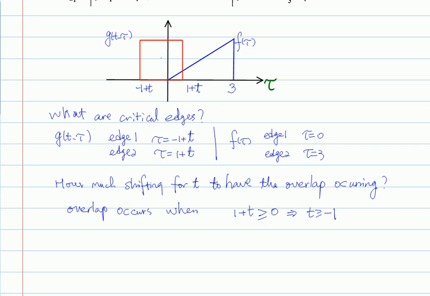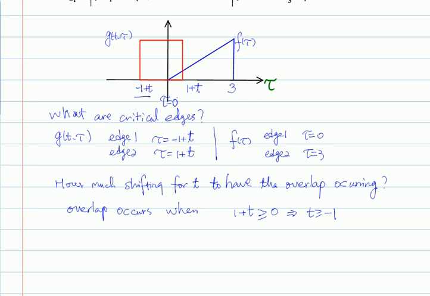Now, if I draw my box here, it means the edge -1 plus t is on the left side of tau equal to 0. Here is tau equal to 0. This gives us pattern number 1.